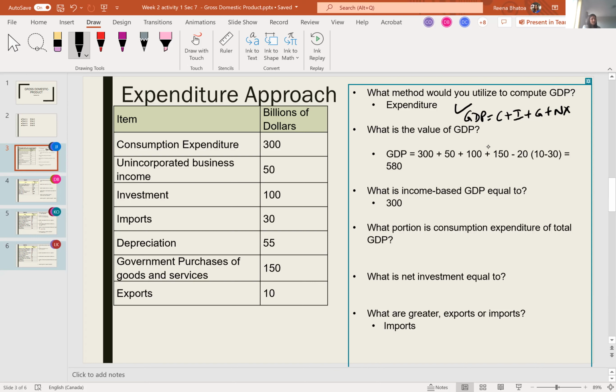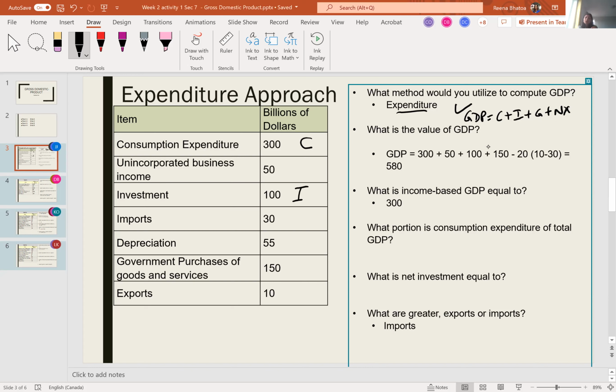Consumption expenditure, yes, we have C. Unincorporated business income. This is income. We will ignore it. We are using the expenditure method, so we will not take any income in here. Investment, which is I, investment expenditure. That is absolutely right.